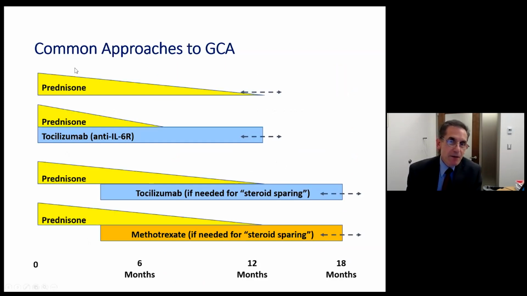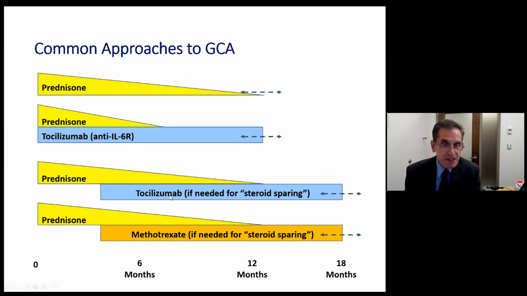Here are some common approaches to treatment for GCA. Prednisone may be used by itself. Prednisone may be used with tocilizumab, which is now FDA approved in GCA. This effort is meant to decrease the prednisone more quickly and to limit the total dose in a shorter period of time.